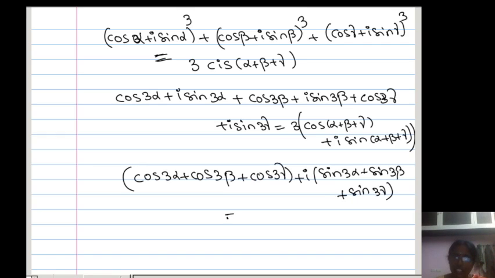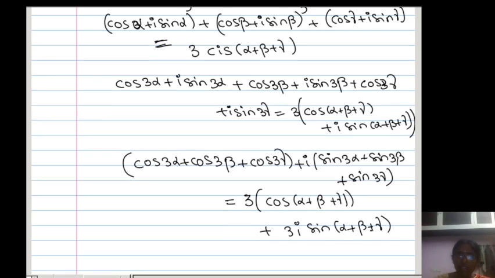What is in the RHS? 3 into cos of alpha plus beta plus gamma, plus 3i sin of alpha plus beta plus gamma.